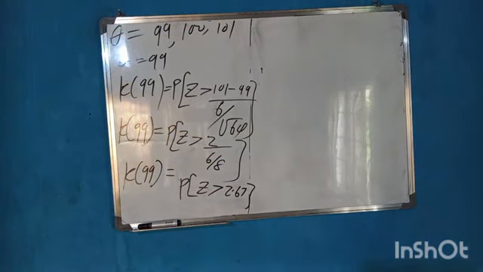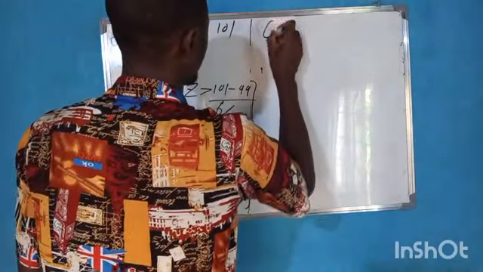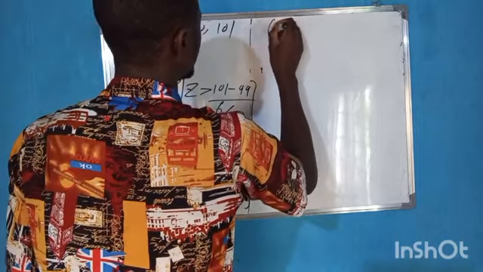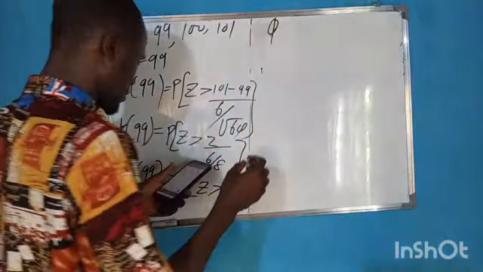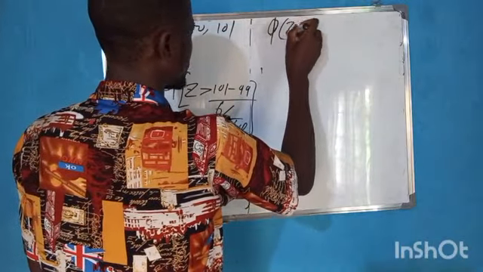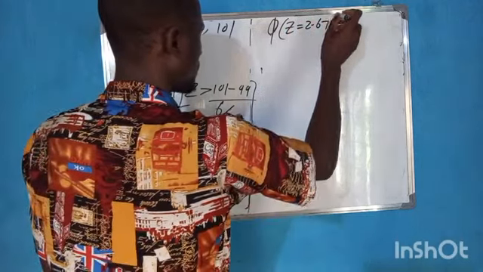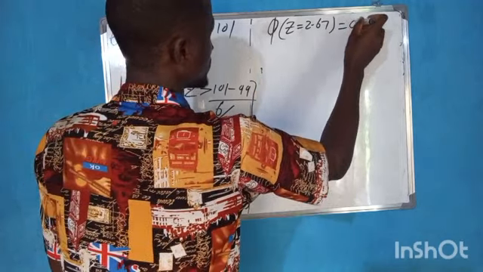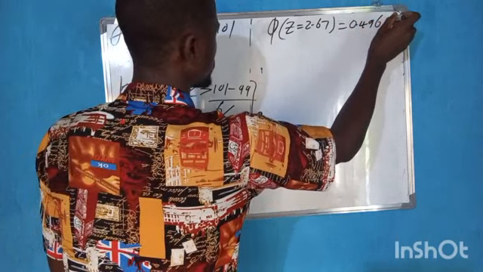So we will find the area under the normal curve of Z greater than 2.67. We represent the area under the normal curve as this. The area for Z equal to 2.67 is equal to 0.4962.